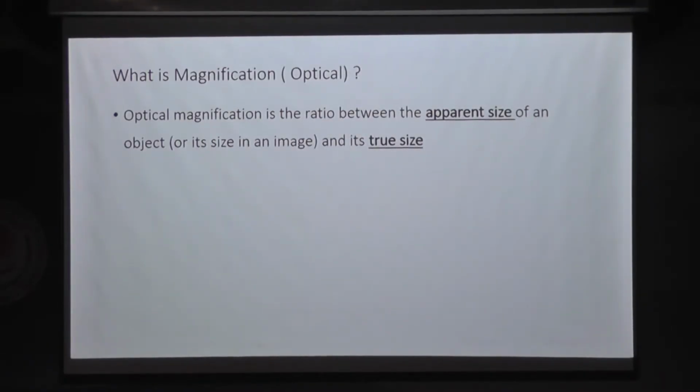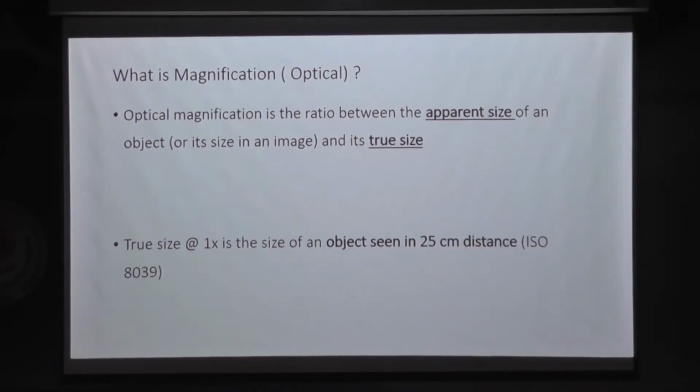Just now sir also talked about magnification. It is just the ratio between the apparent size and the true size. If the apparent size becomes more than the actual size, it is called magnification. Then what is the true size? If I am looking at an object from a 25 centimeter distance, that is something we can call the true size.